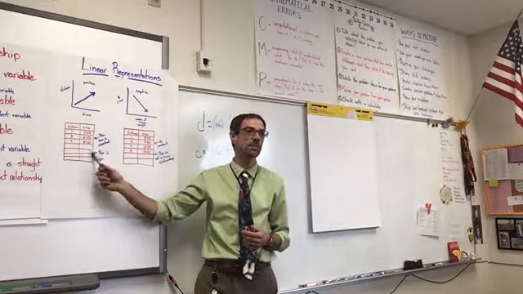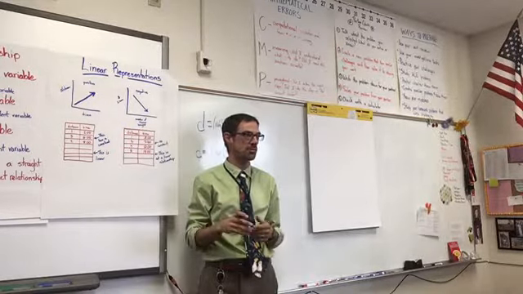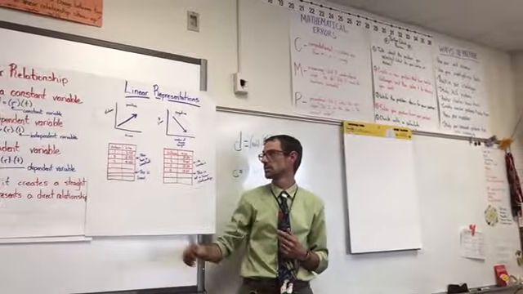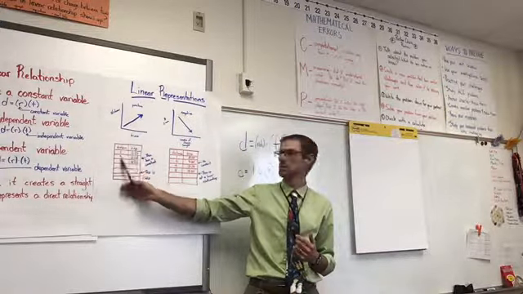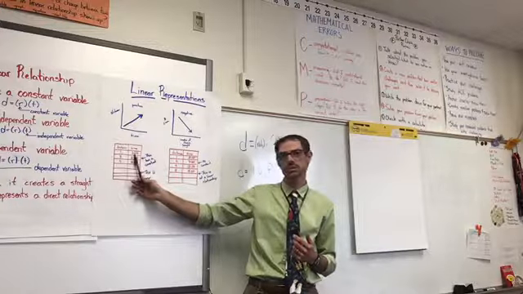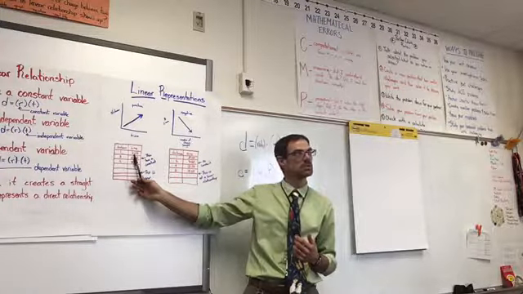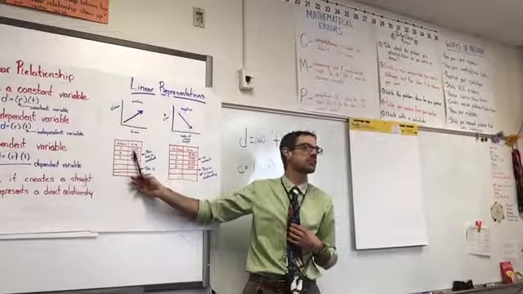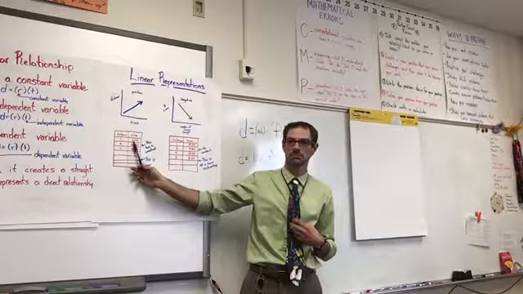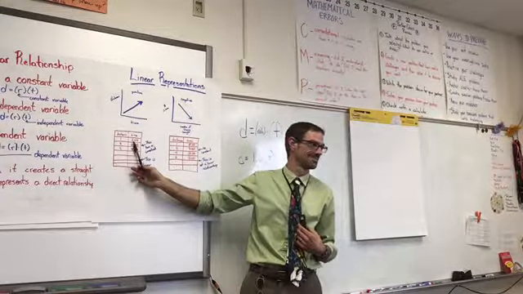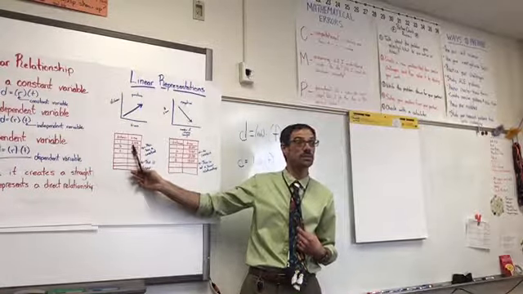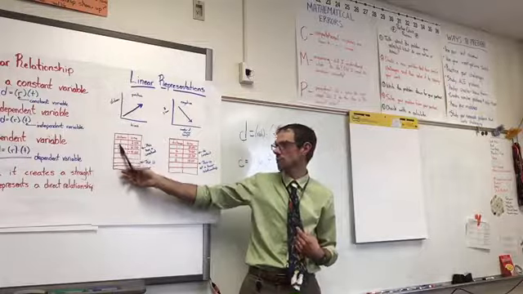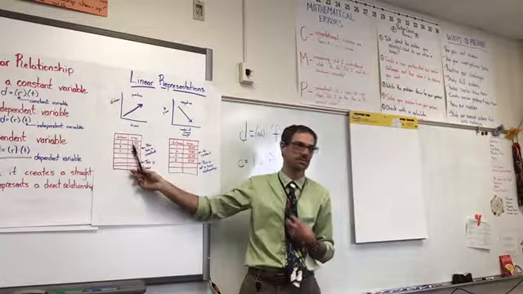The charts are important because charts also show you a linear representation. Here I have distance, here I have time. I go 1 mile, it takes me 2 minutes. So what's my unit rate if I go 1 mile in 2 minutes? 2 miles a minute, right? Yeah. I go 1 mile in 2 minutes.